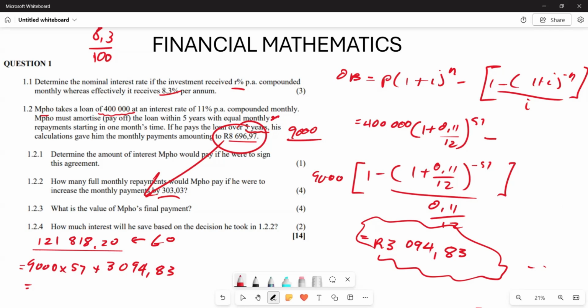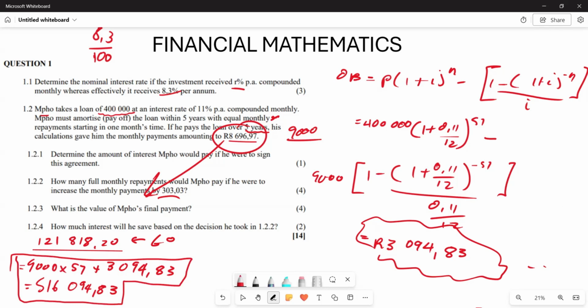The total here is 516,094.83. This is the total amount of money that is going to be paid by this person after the full payment.